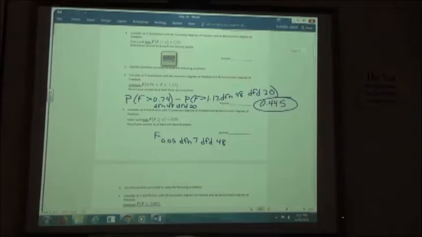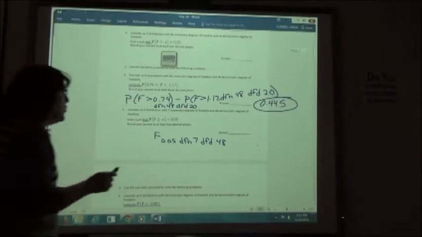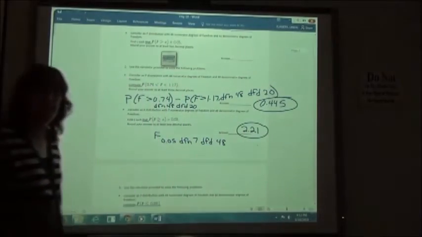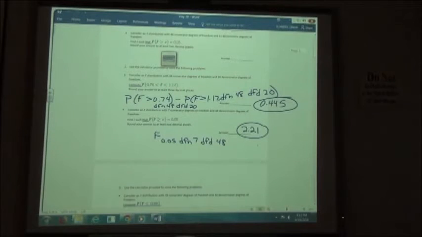And again, this just says to 2 decimal places. 2.21 is what we should be getting. There we go. Yep.